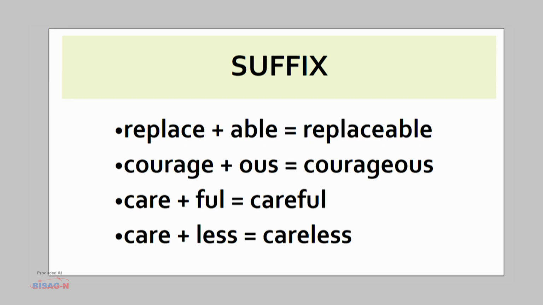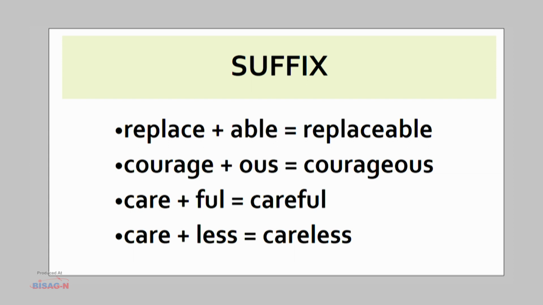Next, you can see we are using the word replace, and with replace I am using able. Replace plus able changes to replaceable. I'm giving you a warranty on this product and this product is replaceable. That means this product can be replaced. Similarly, courage plus ous, courageous. All the employees of this company are quite courageous.